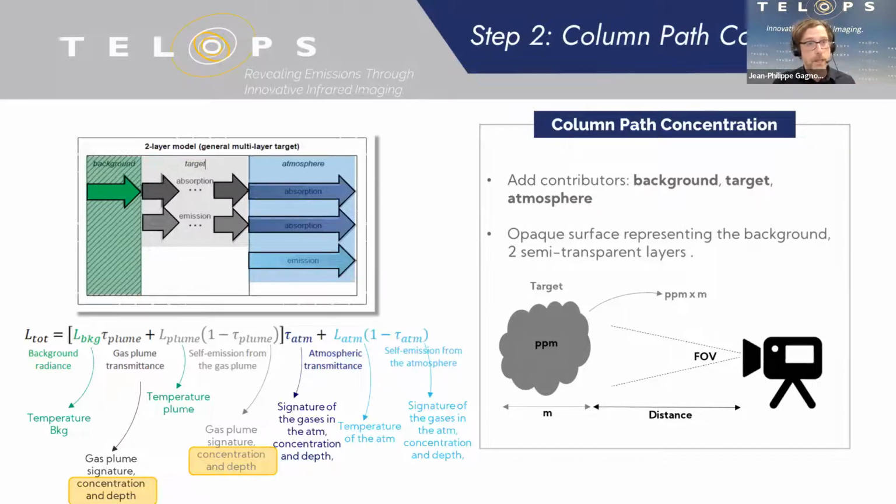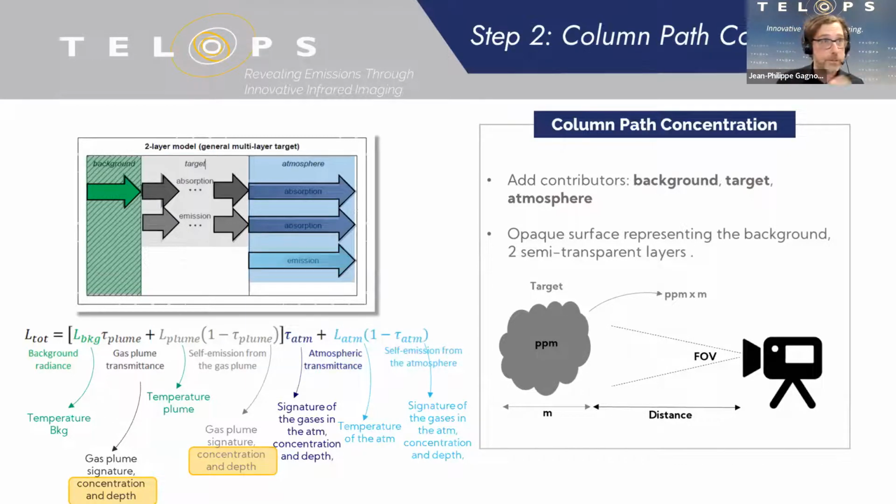So we can extract the concentration and the temperature of the plume. The only thing that we cannot tell from this camera is what the depth of the gas plume is. That's why we quote our results in terms of concentration times the depth of the plume.